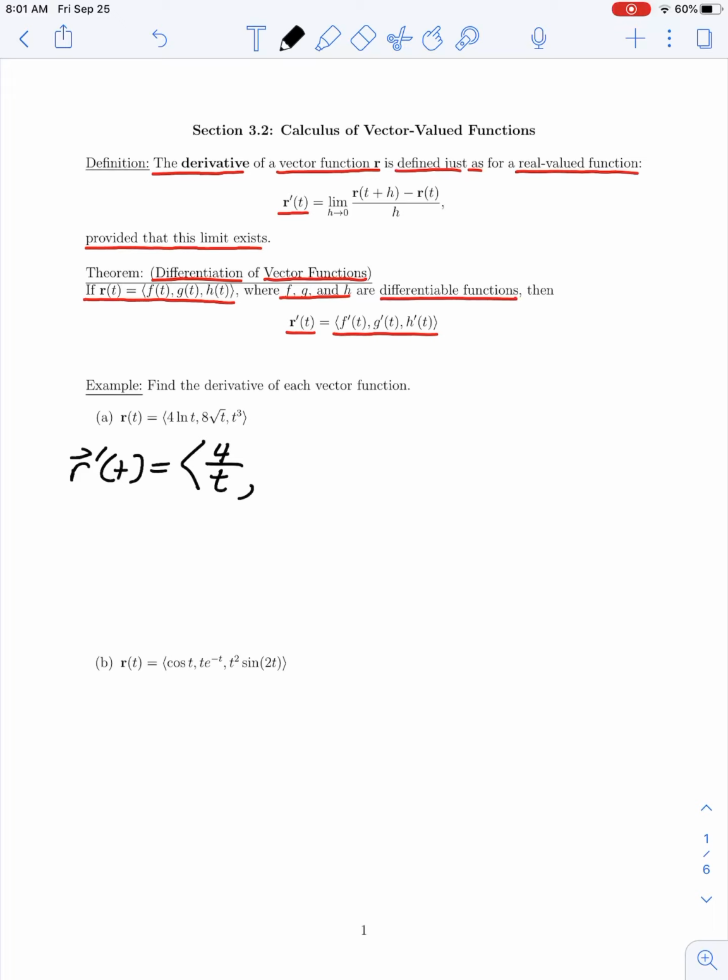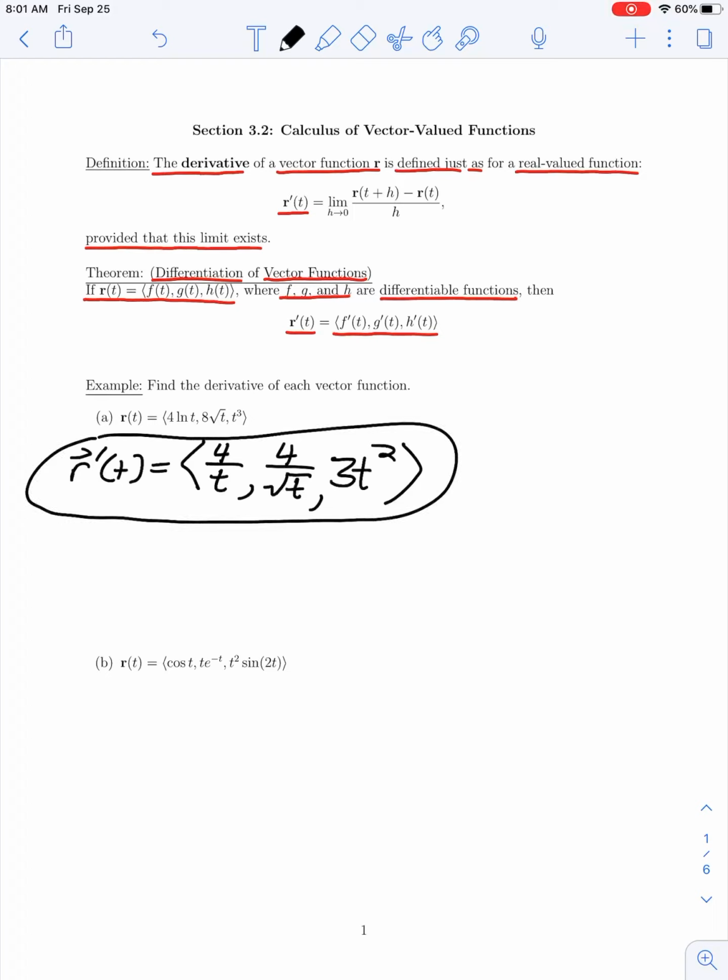The derivative of my second component function, 8 square root of t, would be 8 over 2 root t, or 4 over root t. And the derivative of our third component function, t cubed, would be 3t squared. So this would be the derivative, r prime of t, for that vector function.